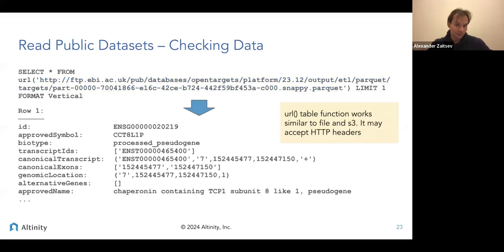And of course, we can write a query, just query it directly and see that this is something that we don't know what it is about, but if we need it, we can use it very easily. Here, we are using the URL function, which is kind of similar to S3, but it doesn't have a lot of S3 optimizations. It is more like a curl command.